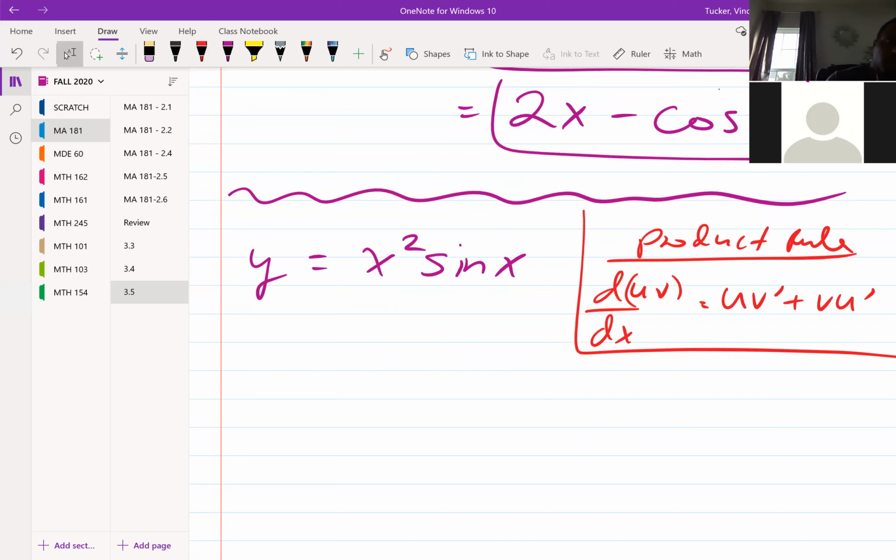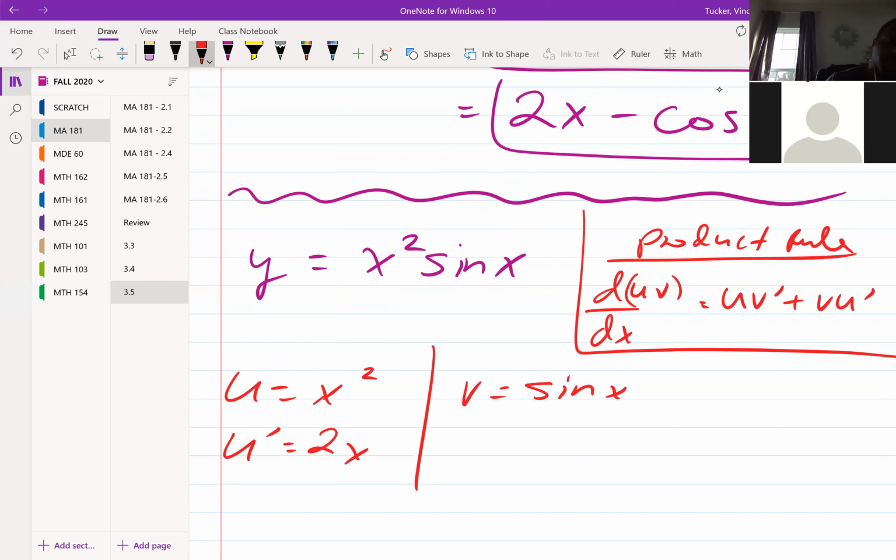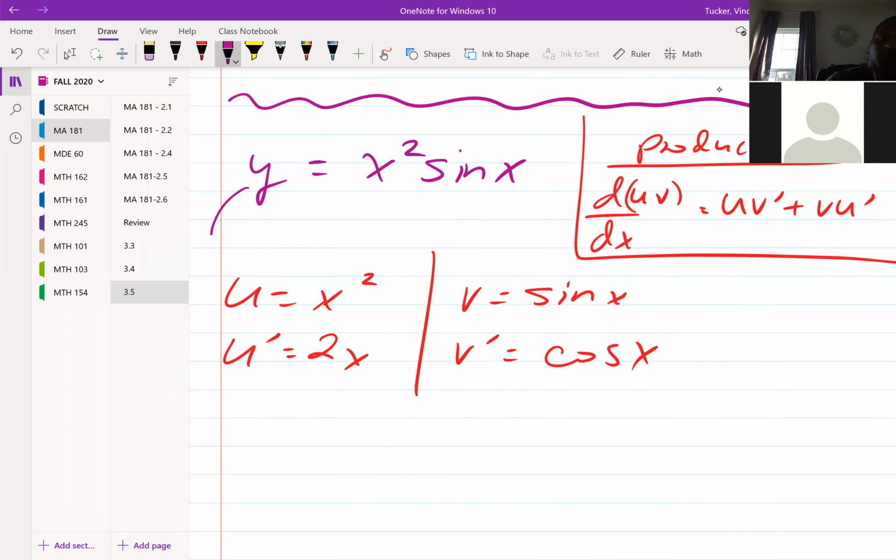So in this case, u is equal to x squared. u prime, in other words the derivative of x squared, we just saw is 2x. v is sine x. The derivative of sine x is cosine x. All right.